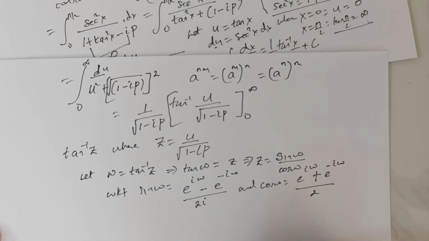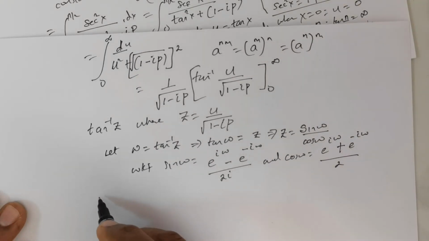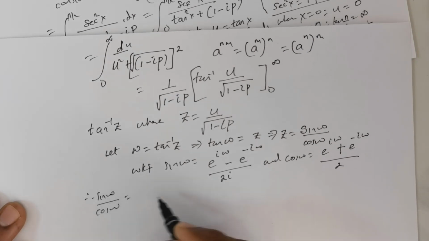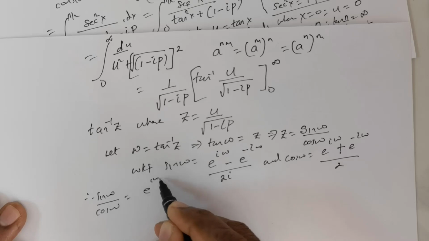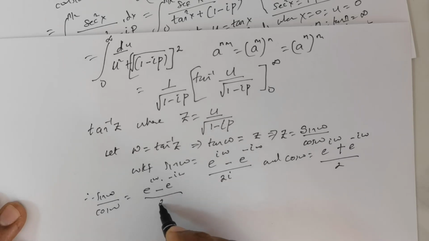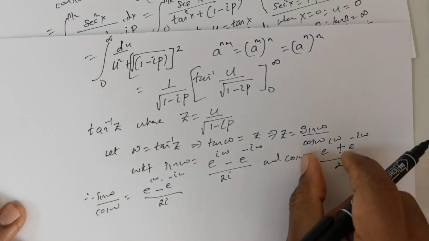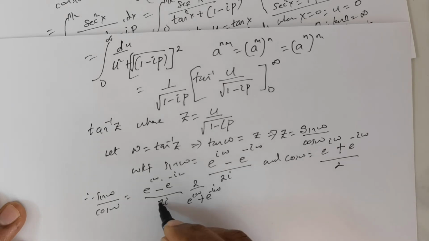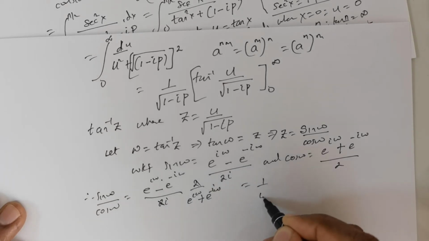So if I substitute these, sine omega divided by cos omega is e raised to the power of i omega minus e raised to the power of negative i omega, divided by 2 times i. Now when I flip the denominator, you get 2 over e raised to the power of i omega plus e raised to the power of negative i omega. The 2 and 2 get cancelled, giving me 1 over i.